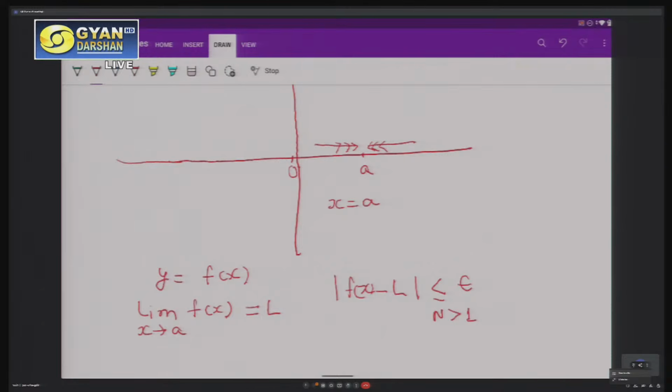So for all n greater than or equal to N, the value of f(x) minus L will be less than or equal to epsilon.